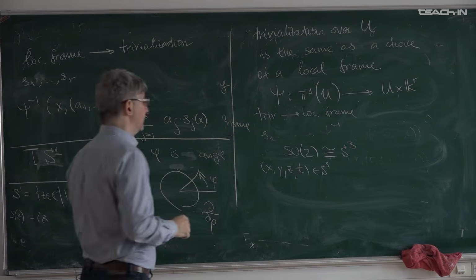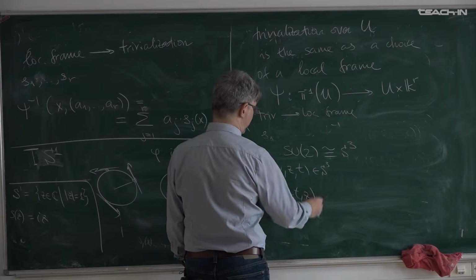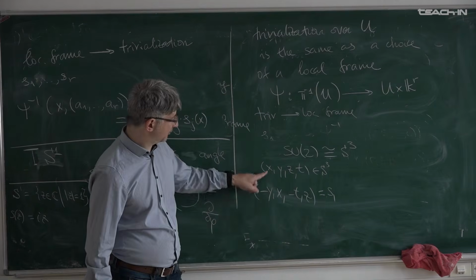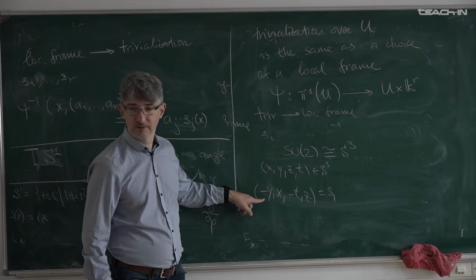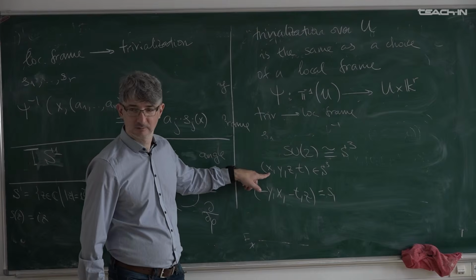I will give you one vector, for example, minus y, x, minus t, z. This is the first section. You see, if you take a scalar product of these 2 vectors, you will obtain 0. So this vector belongs to the tangent space at this point. Clear?